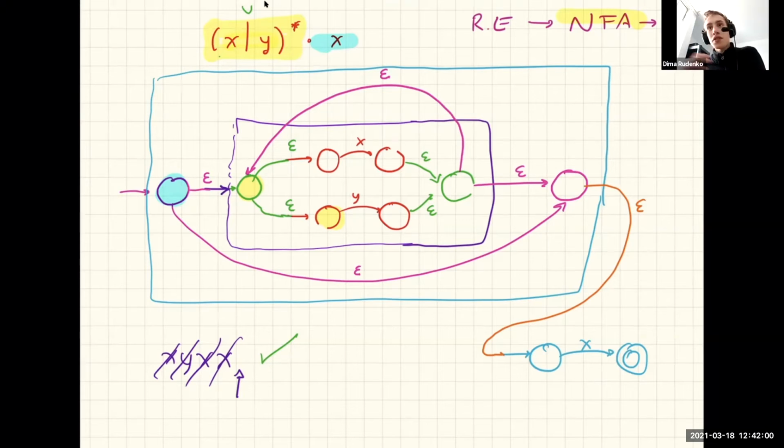Okay, clear. So the epsilon is a way to transfer from one state to another without reading any symbol. Yes, right. And it's called the empty symbol, which is very similar to the empty string. Just to make this clearer, suppose we have an epsilon, and this is equivalent.